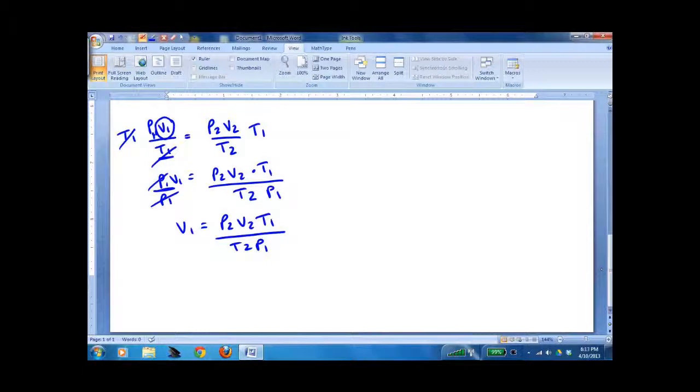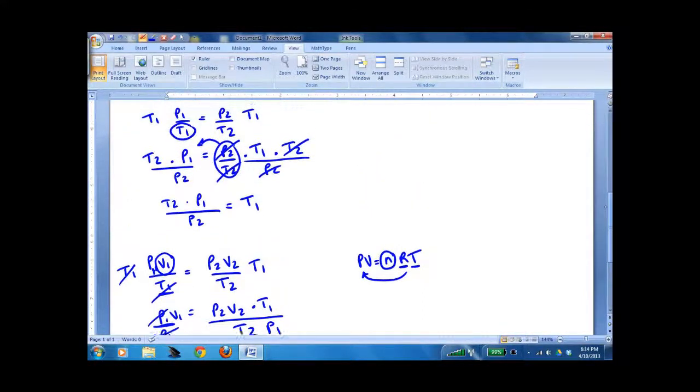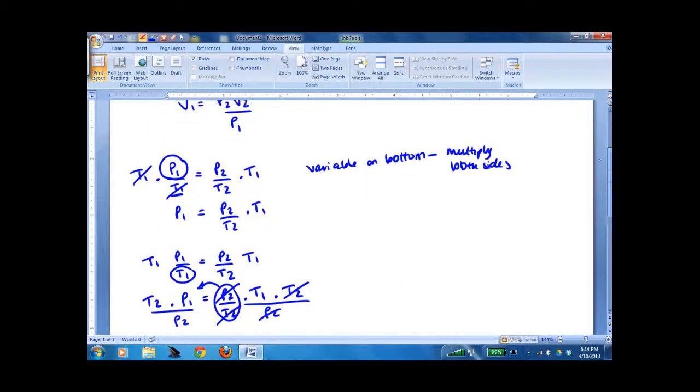Let's try another one. Say we have PV equals nRT. And let's try to solve for n. What I like to do in this situation, since it's on the right-hand side, just leave it there. So what we need to do is get R and T away from n onto this side here. Well, we would say that these are on the top, right?